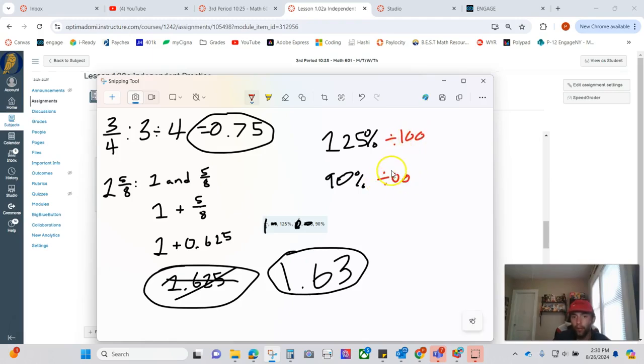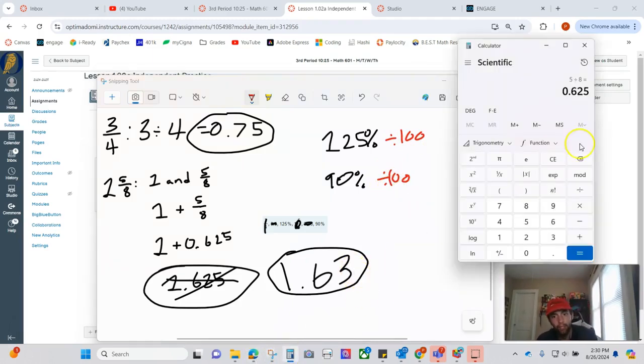Now, when you use your calculator for this, don't click a percent button. Just type the number 125. Don't click a percent button. And then do divided by 100. That will turn it into the decimal form. If you type 125 and then click the percent button, your calculator will just automatically tell you what the decimal form is.